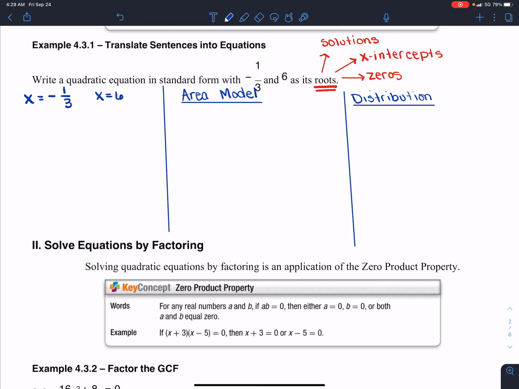So to write them in standard form, first thing we need to do is take this negative 1/3 and move it to this side, and this positive 6 and move it to the other side. So we've got x plus 1/3, and we have x minus 6.